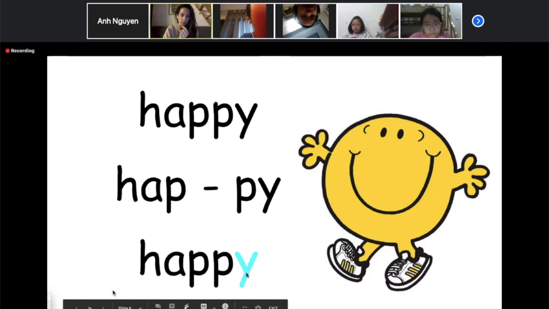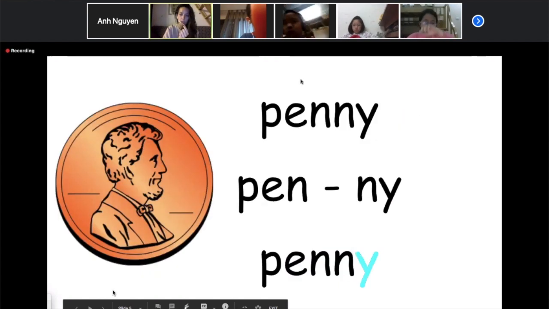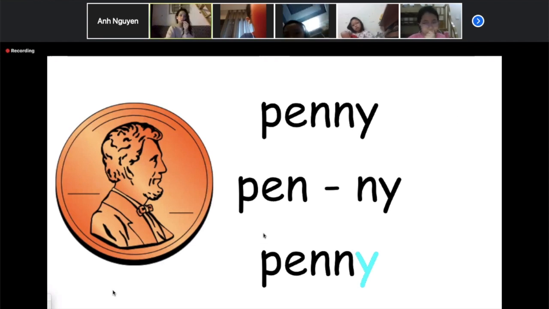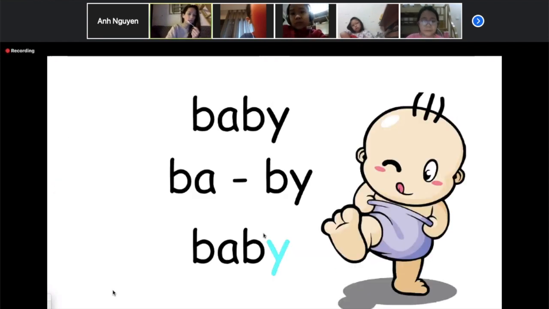Same with penny. The long E spelled like Y comes at the end of our word. Same with baby. The Y that makes the E sound comes at the end of our word. Okay, so keep this pattern in mind as we're coming up with new words.